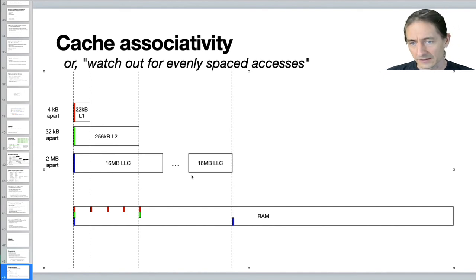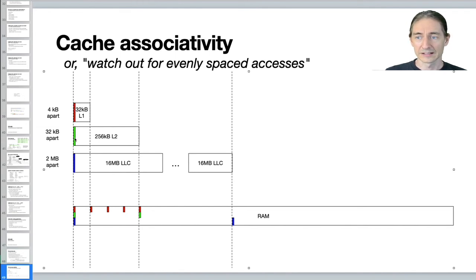You could imagine it gets worse if you have spacing that's further than 4 kilobytes. If we space our accesses 16 megabytes apart, then all accesses will fall, if it's the first byte again, on the first cache line. All accesses in the L1 will fall on the first cache line.